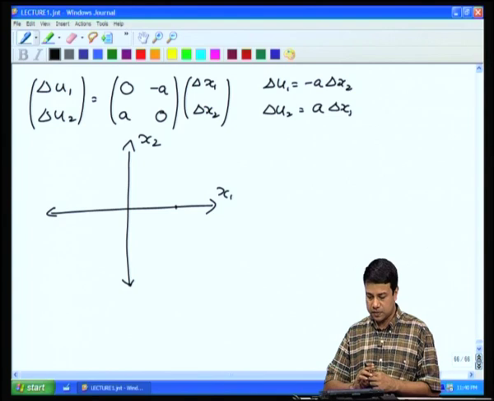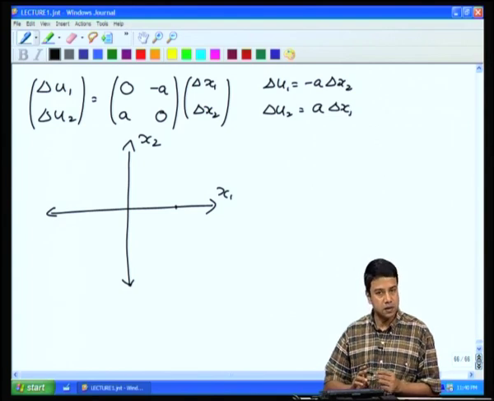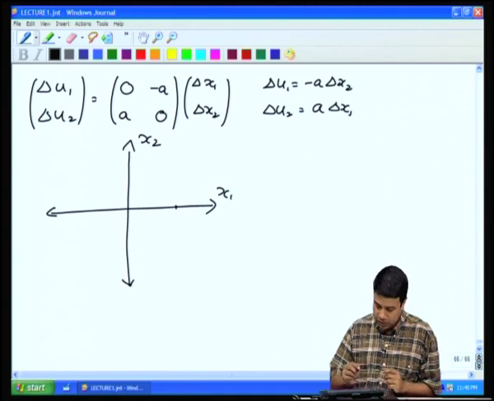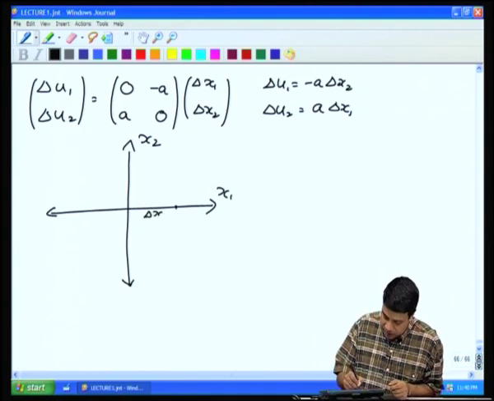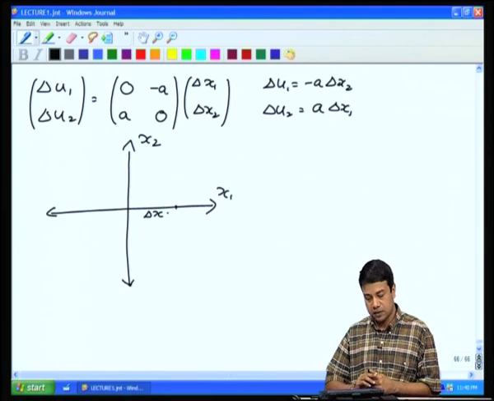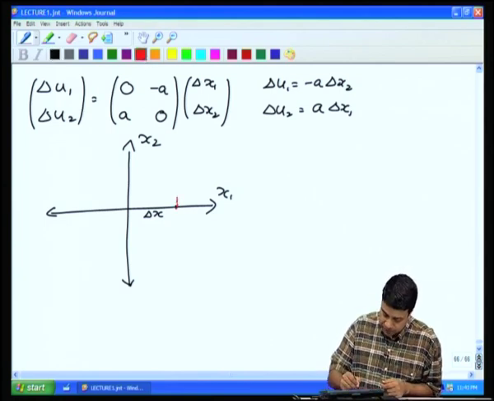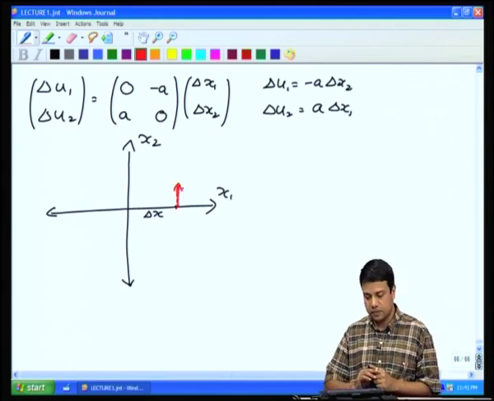So, delta u 1 is minus a delta x 2, delta u 2 is equal to a times delta x 1. If I move a small distance delta x in the plus x 1 direction, delta u 1 is equal to 0 and delta u 2 is equal to plus a times delta x. So, delta u 2 is in this direction. So, the velocity vector at this location will be in the plus x 2 direction.